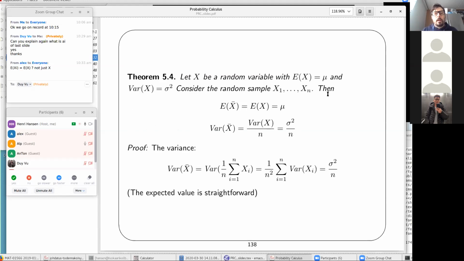All right. And there's a theorem which we state here that has a very profound result. If the expected value of X is mu and we have a random sample of that variable, then the sample mean's expected value is the same as the expected value of X. And what is much more important is that the variance of this sample mean is the variance of X divided by n.